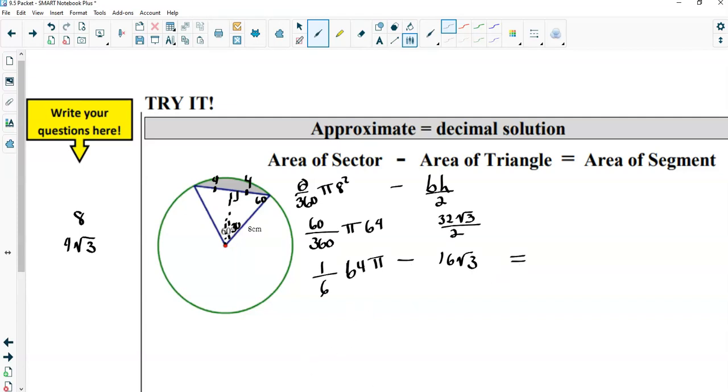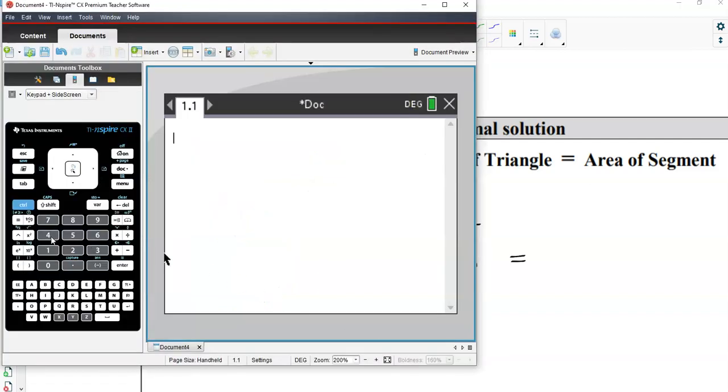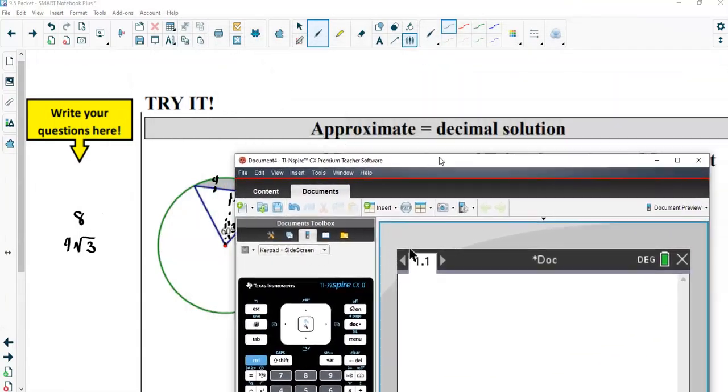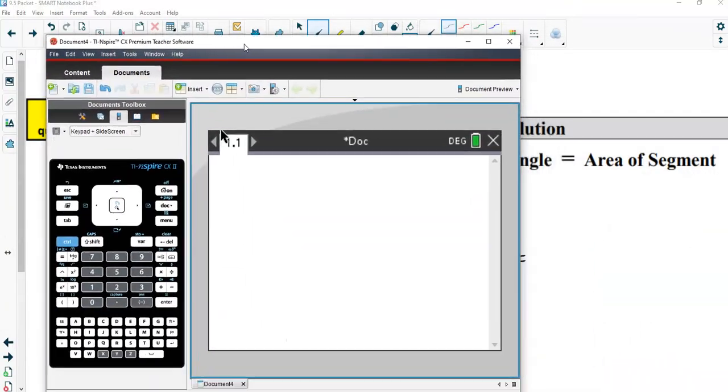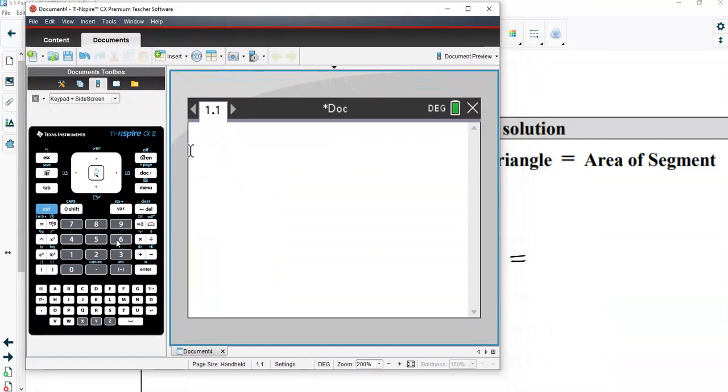So let's go to the calculator in a sec. It's 1/6, or you could do it in your mind. Here it's 1/6 and 64 is 64 divided by 6.